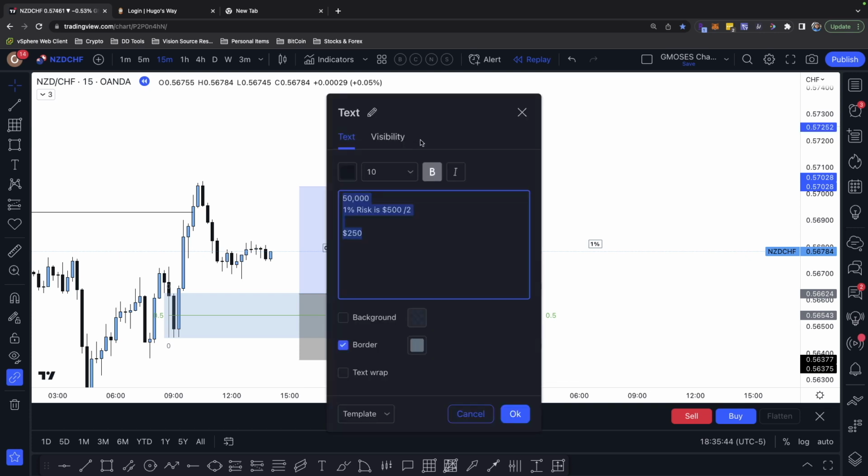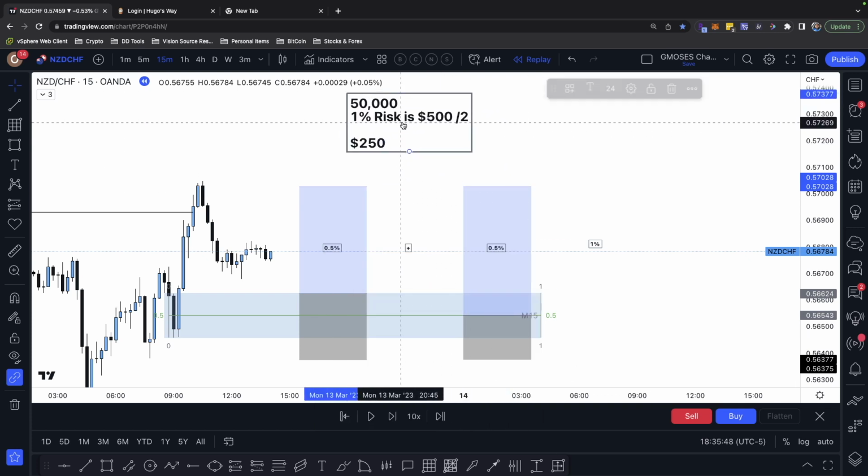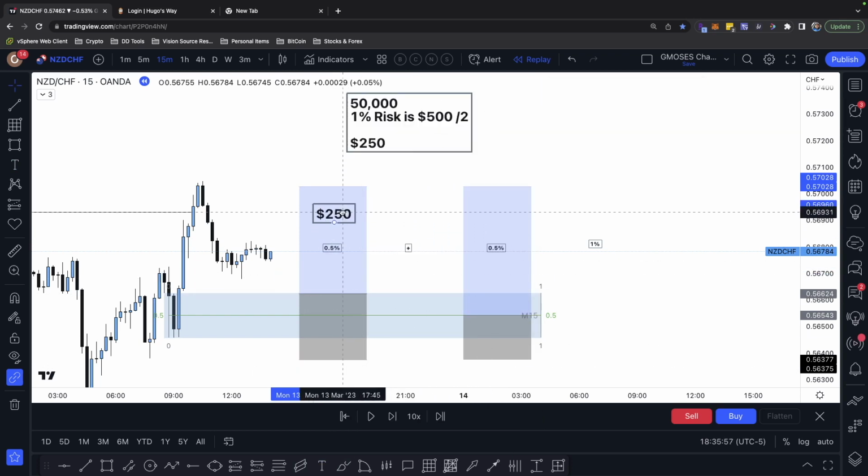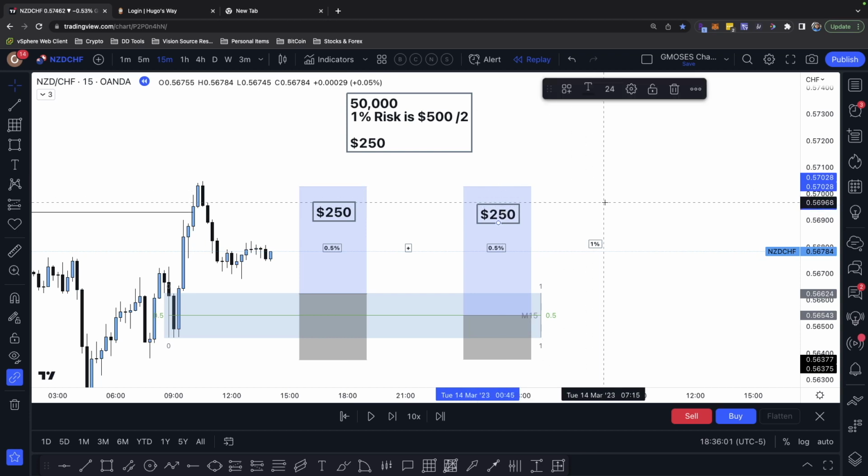Okay, let's go ahead and make that a little bigger. Each entry we want to risk $250. So here we'll risk $250, and here we'll risk $250, which totals out to $500.